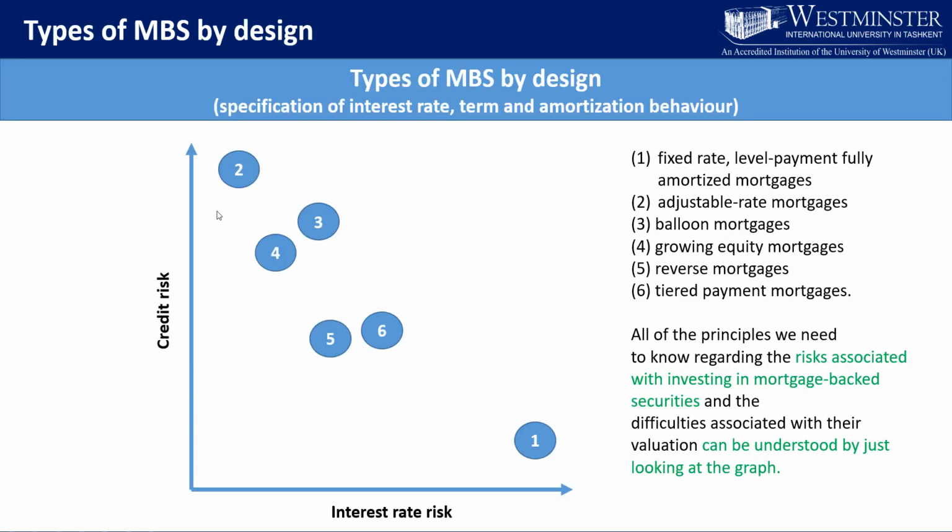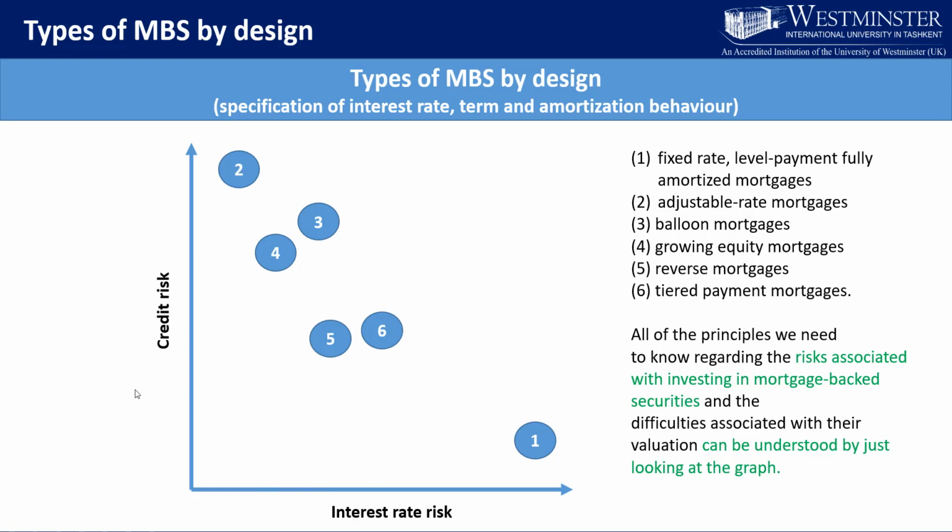Now, when we look at the overall structure of types of MBS by design, in terms of structure and design, specification of interest rate, term, amortization behavior, etc., you can put it along two axes. One is vertical credit risk, the higher the credit risk, and here the interest rate risk.